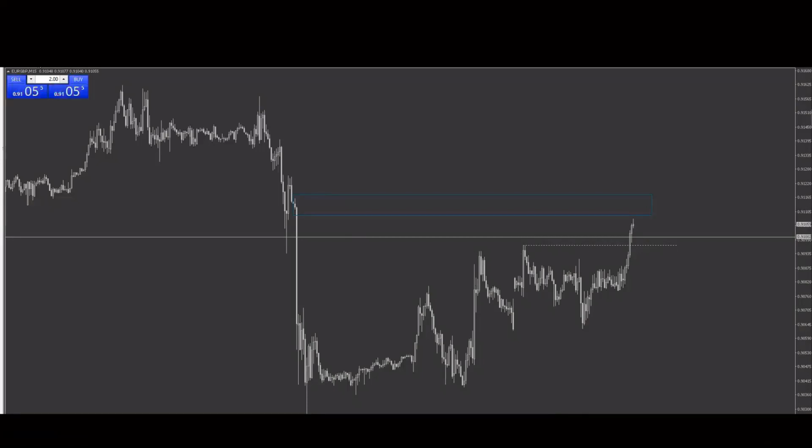But in this case, I'm not afraid to fade that because the high time frame market structure is bearish, and in this case, price is simply drawing back into this thin or illiquid move.